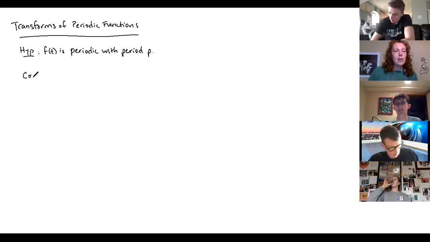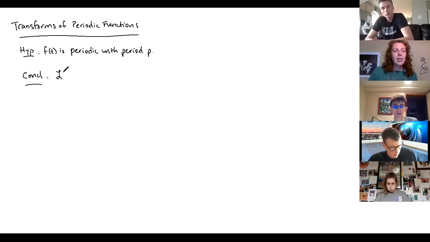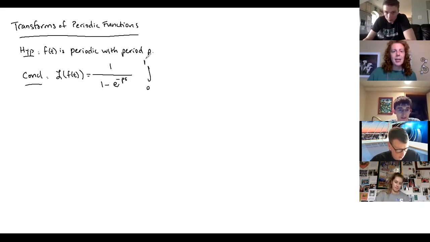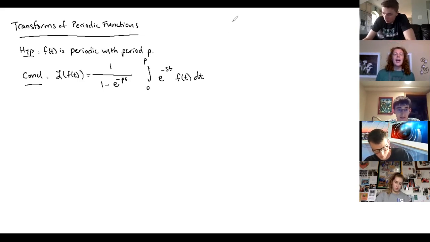Here's my conclusion. The Laplace transform of little f of t is 1 over 1 minus e to the negative p times s, times the integral from 0 to p of e to the negative s times t, f of t dt.